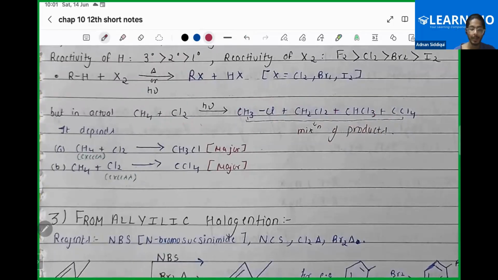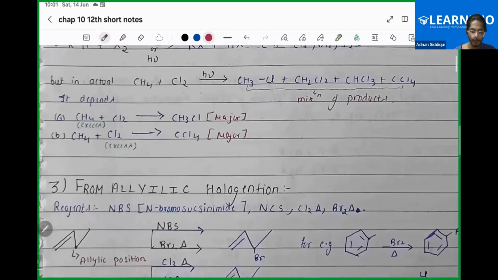You will get a mixture of products. How can you control it? If you are taking CH4 in excess, the main product is going to be your CHCl3, right? And if you are taking Cl2 in excess, your main product is going to be CCl4. So this is how you can form a specific product, right?